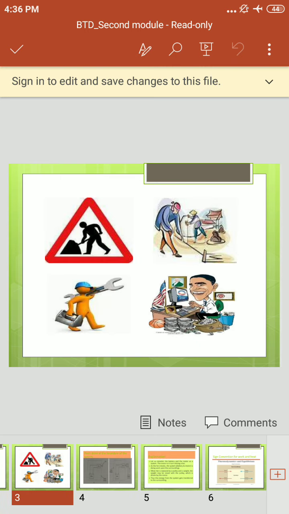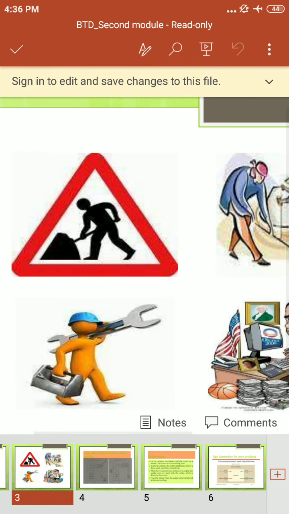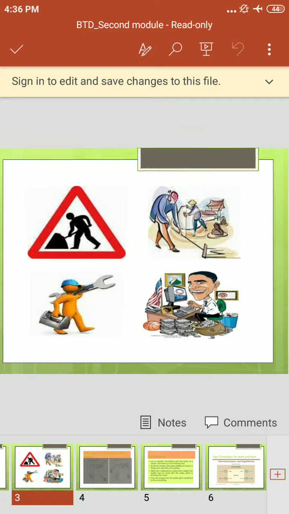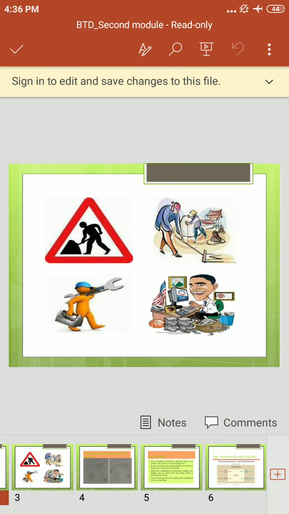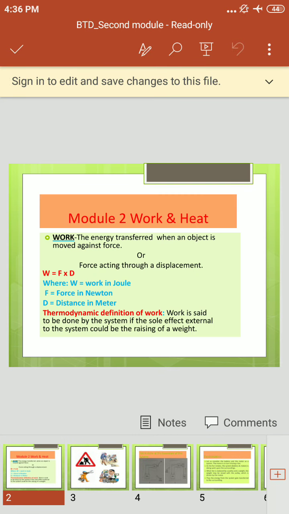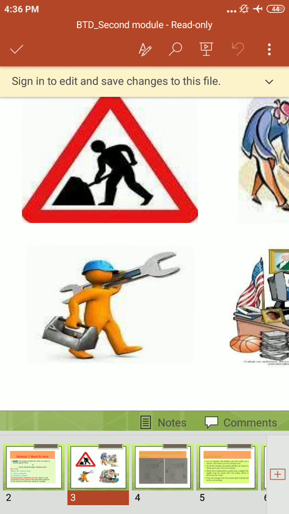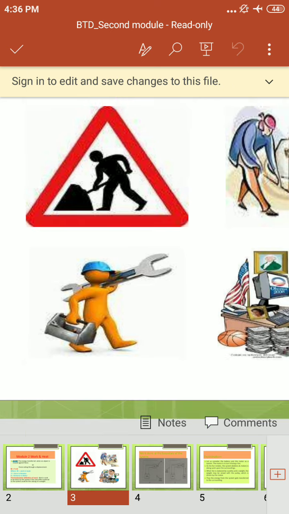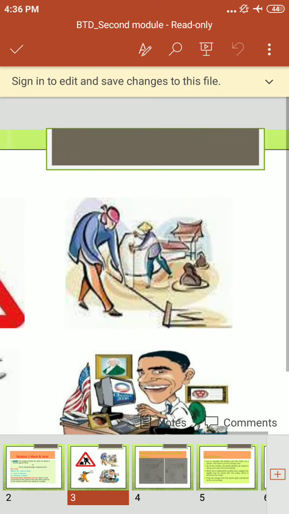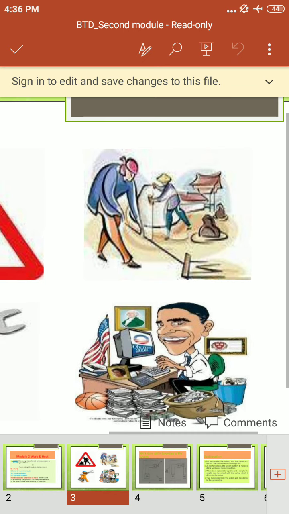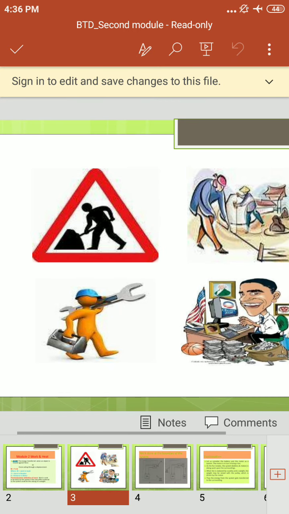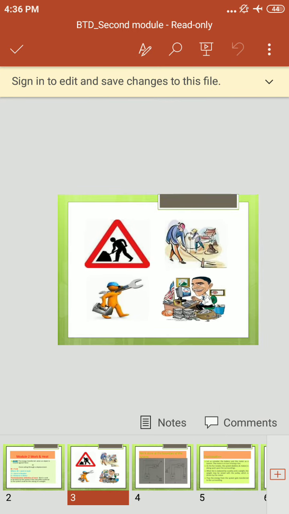In general, work means capacity. Here the man is doing work, means force acting here. This man can take a spanner, and by applying this force, he will travel. Also see here, one worker doing work and one worker on the PC. These are examples of work.